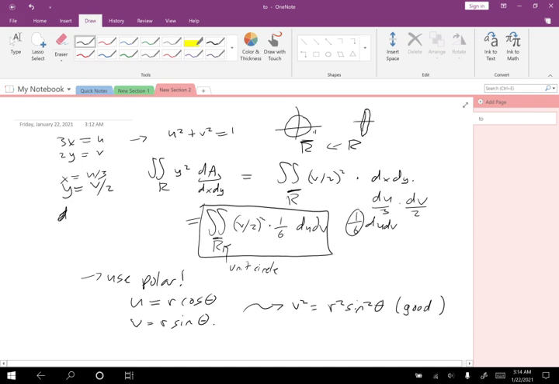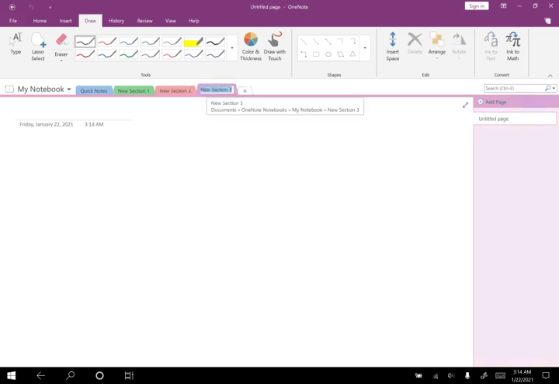Okay? So let me just do another example of how to set up another integral over ellipses. So let's take the integral over our region R of sine of 9x squared plus 25y squared dA. As soon as you see 9 and 25, you should immediately think these are squares.